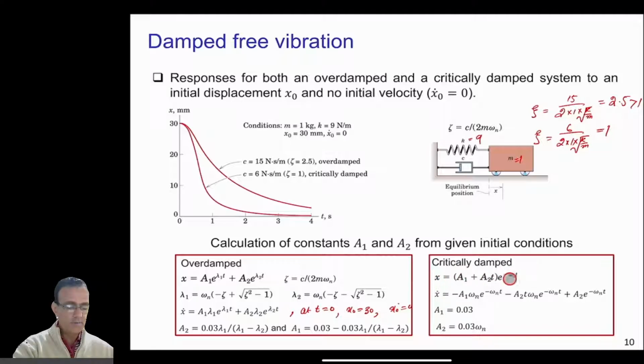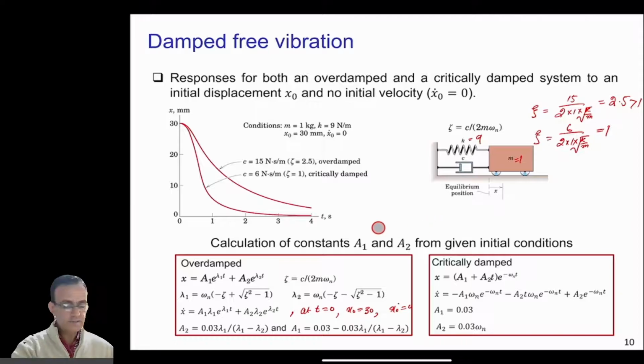Again, if you differentiate this equation with respect to time, you will get the velocity, which is this equation here. If you put in the initial conditions, you will get a1 equal to this and a2 equal to this. Then, if you know a1, a2, and omega n, you can plot this equation with respect to time, and you will get this curve here.